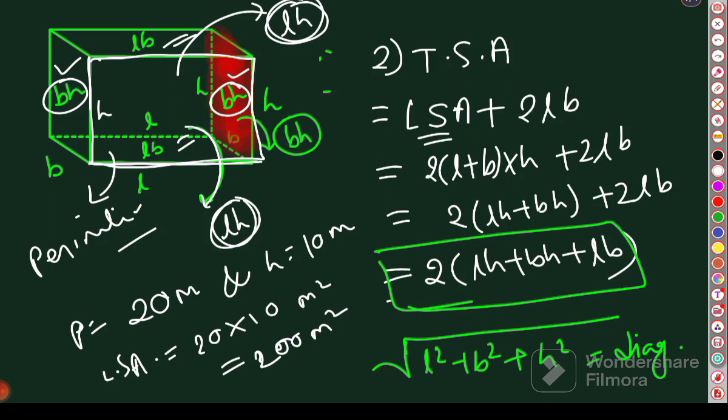In three dimensions, there will be three axes: x axis, y axis and z axis. One represents length, another breadth, and another height. That is why you have to use three variables.